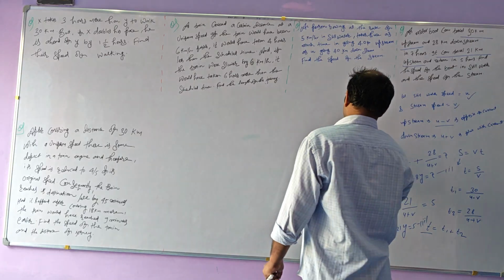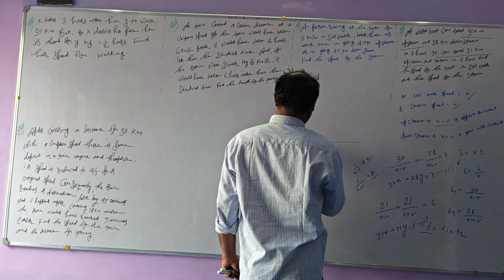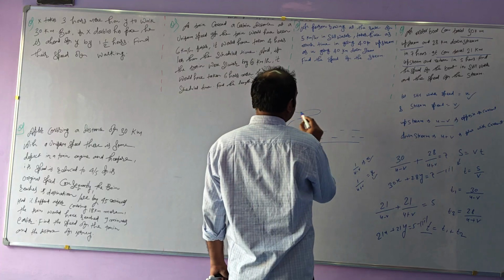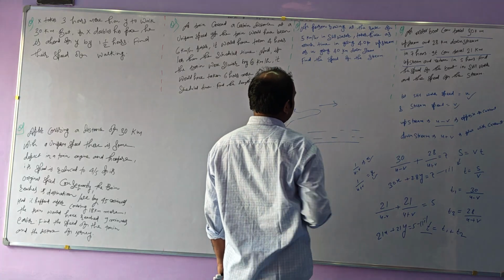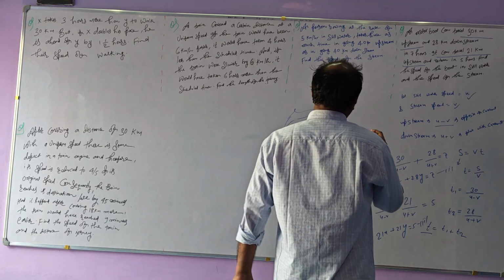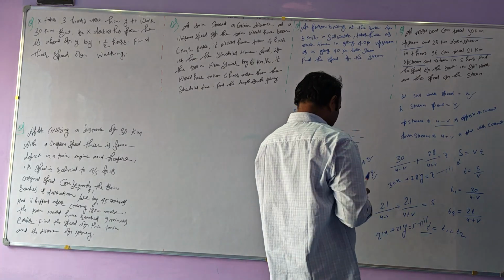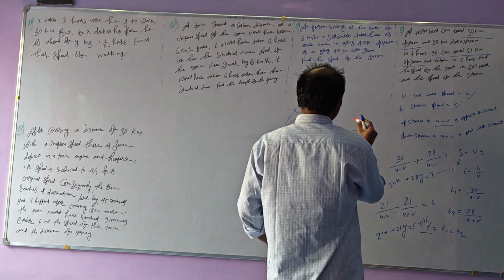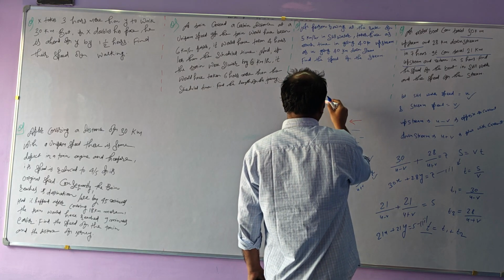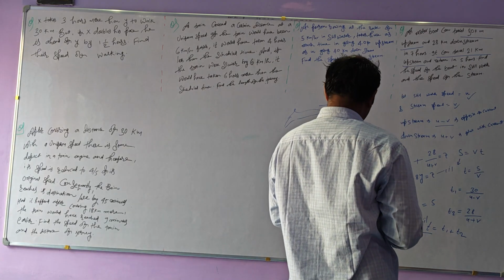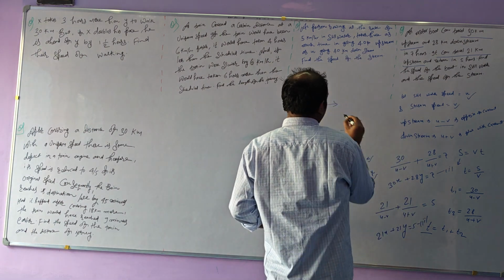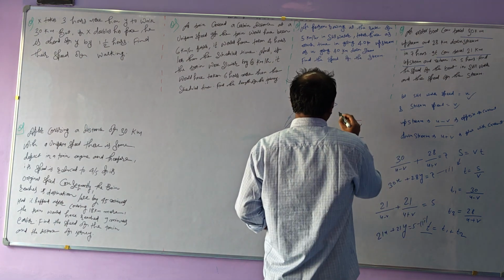Suppose we have water, and the boat is going towards this direction, and the current is flowing towards this direction. Suppose this is our u, and this is our v.